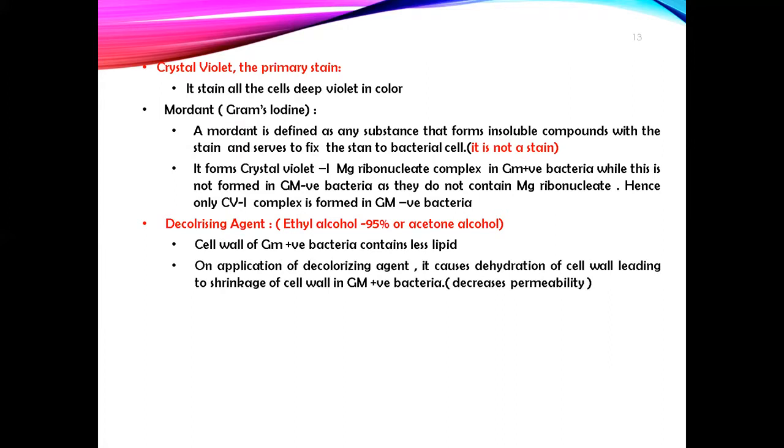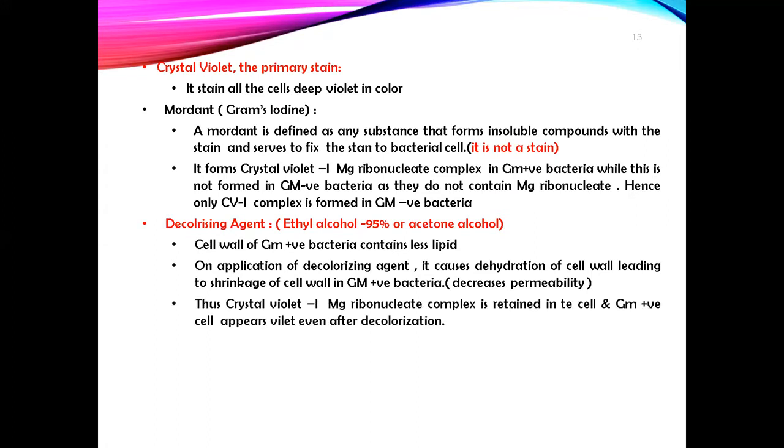So when you are adding the alcohol, it causes dehydration of the cell wall, which leads to shrinkage of the cell wall in gram positive bacteria, and thus it decreases the permeability. Therefore, the crystal violet iodine magnesium ribonucleate complex is retained in the cell, and gram positive bacteria appear violet in color even after decolorization.